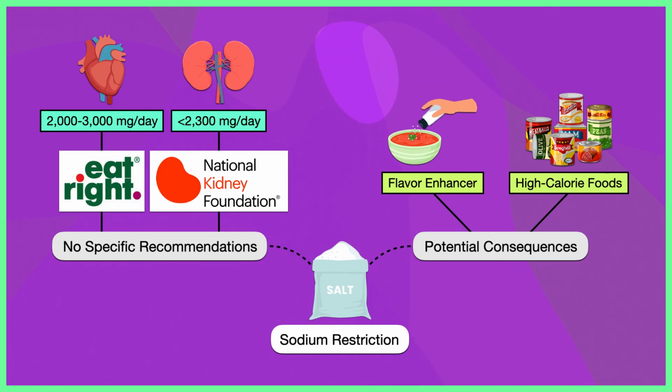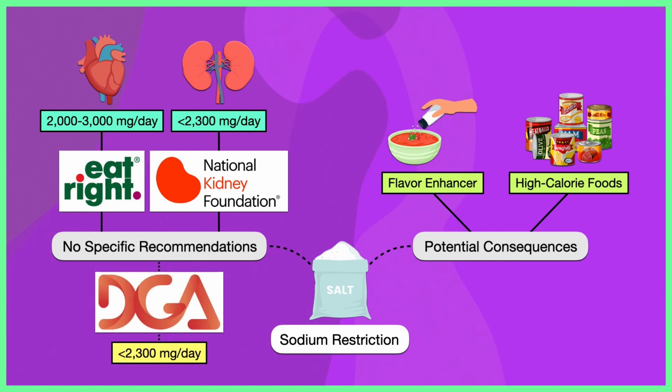While I'm unaware of any specific sodium restrictions for hyponatremia, the Academy of Nutrition and Dietetics recommends 2,000 to 3,000 milligrams per day for patients with heart failure, and the National Kidney Foundation recommends less than 2,300 milligrams per day for patients with end-stage renal disease.